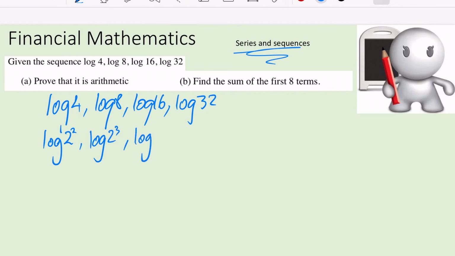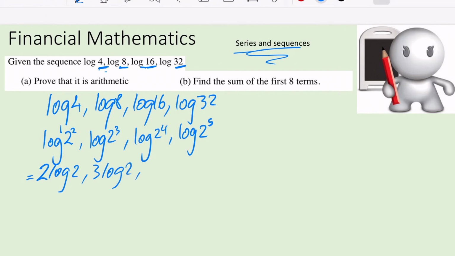The log of 16 is the log of 2 to the power of 4, and the log of 32 is the log of 2 to the power of 5. Okay, I made that link straight away that they are all related to the base of 2. Now, using my log laws, this is 2 log of 2, this is 3 log of 2, this is 4 log of 2, and obviously 5 log of 2, and then so on and so on.